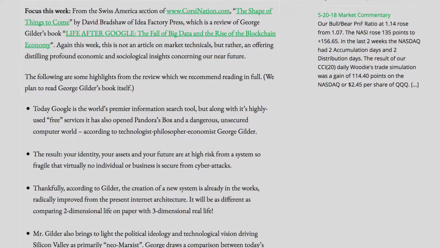Today, Google is the world's premier information search tool, but along with its highly used free services, it has also opened a Pandora's box and a dangerous, unsecured computer world, according to technologist, philosopher, economist George Gilder.